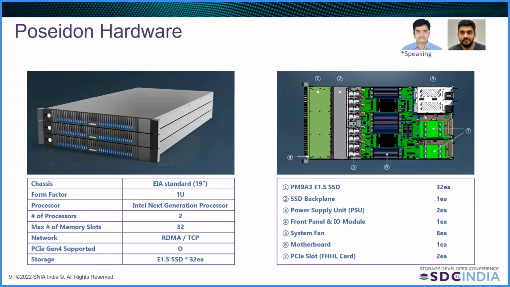The maximum number of memory slots is 32. It provides both RDMA as well as TCP data networks. PCIe Gen 4 support is available, and SSDs connected in this server are of the form factor E1.S. 32 SSDs can be connected over it. The right side of the figure shows the inside details of the Inspur server.